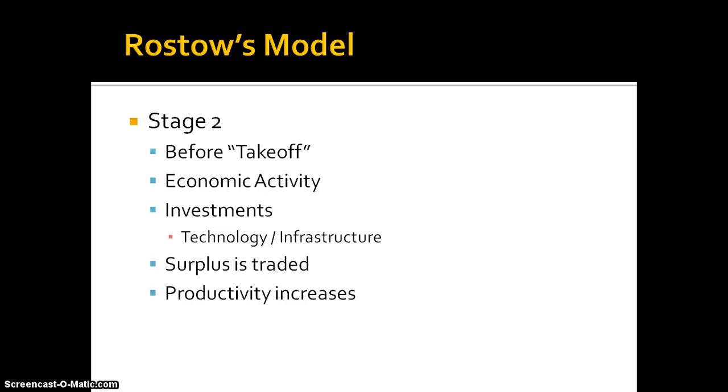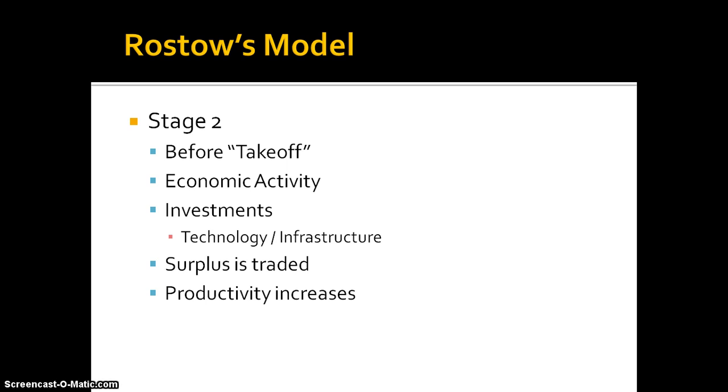Until you move into stage 2, which is called the stage before takeoff. Stage 2 is all about laying the foundations for economic development. A couple of individuals begin investing in economic infrastructure, investing their own money. That's the liberal side of things when you talk about capitalism and investment.